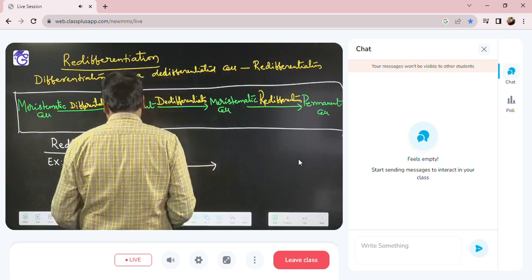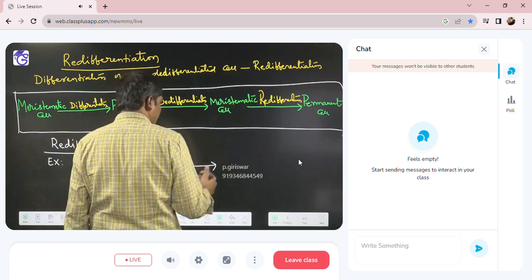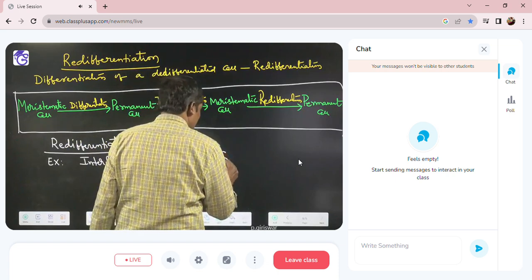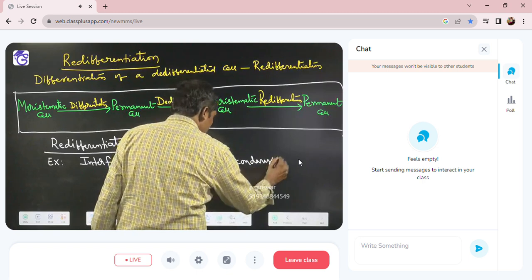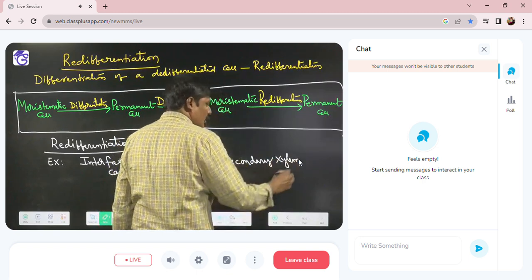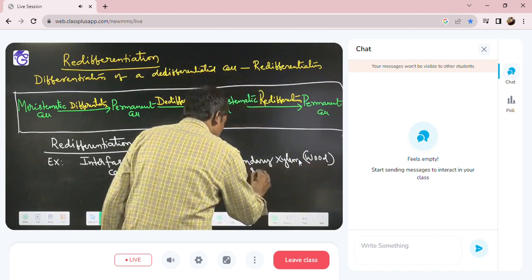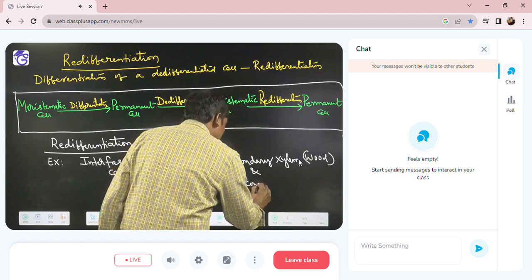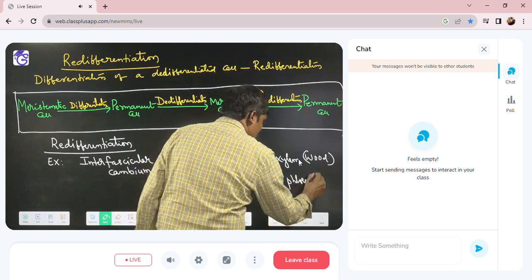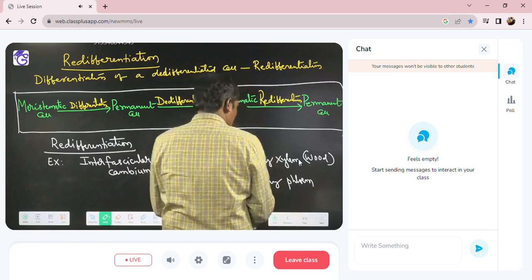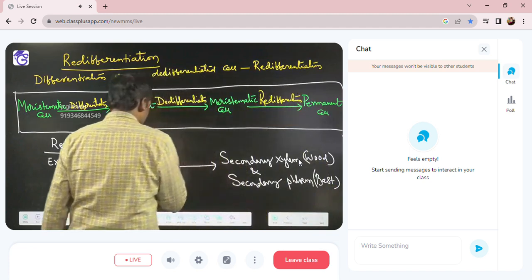It combines with the fascicular cambium and forms vascular cambium, and the vascular cambium divides and forms secondary xylem towards the inner side, also called wood, and secondary phloem towards the outer side, also called bast. This process is called de-differentiation.